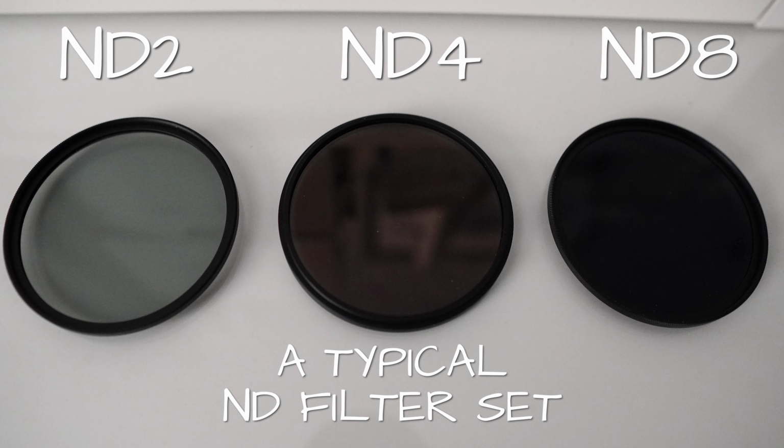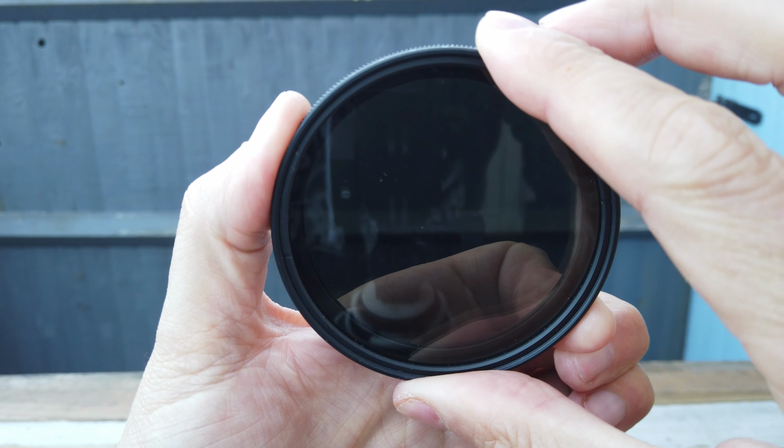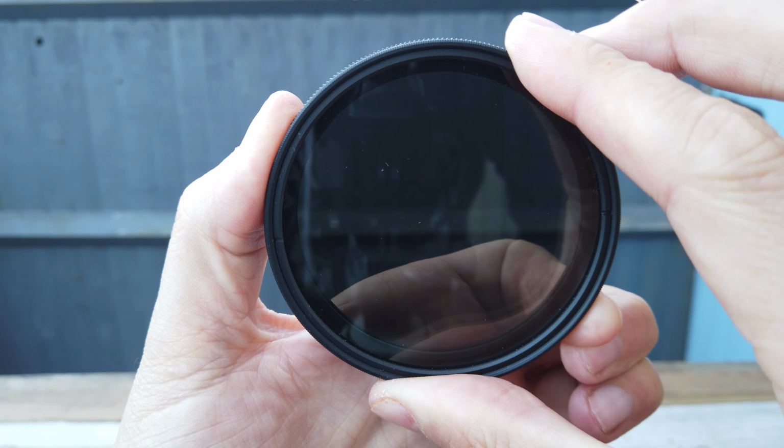You see, a standard ND filter restricts the amount of light to a set level, and you use different filters depending on their strength to restrict the amount of light. But with a variable one, by rotating the lens in different directions, you can either allow more light in or restrict more light.